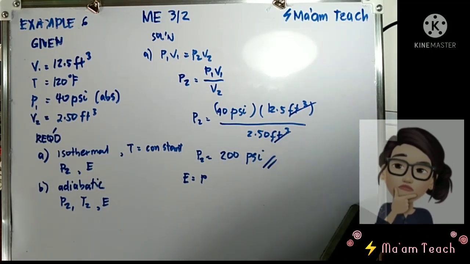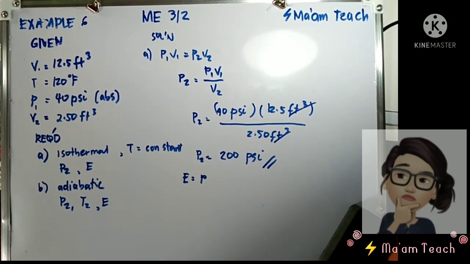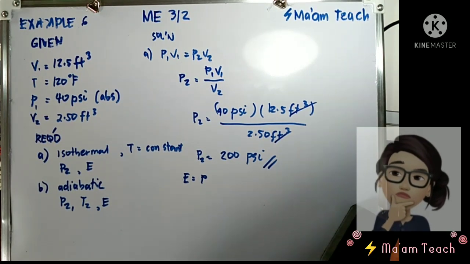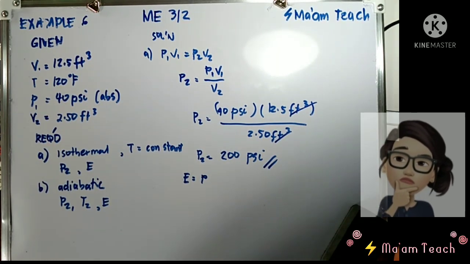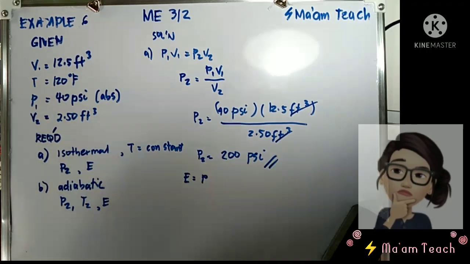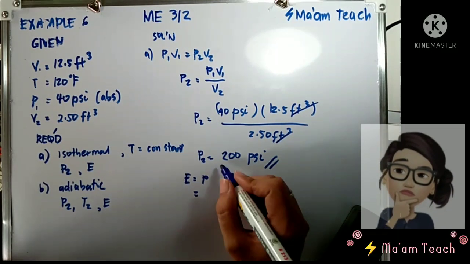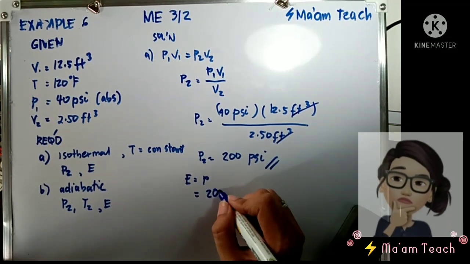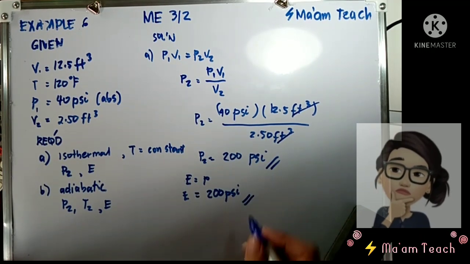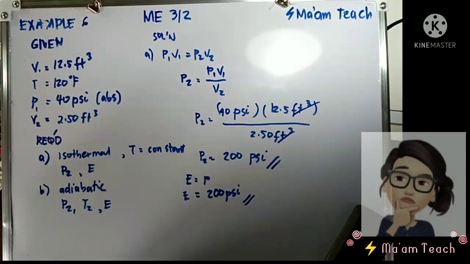Therefore, class, the value of your bulk modulus of elasticity will be equal to this 200 psi also. So that is our answer for letter A.